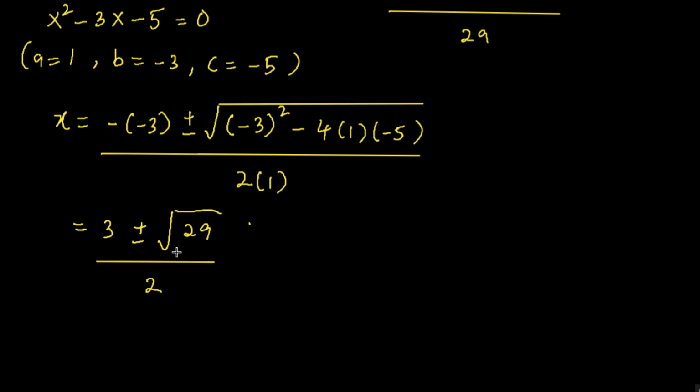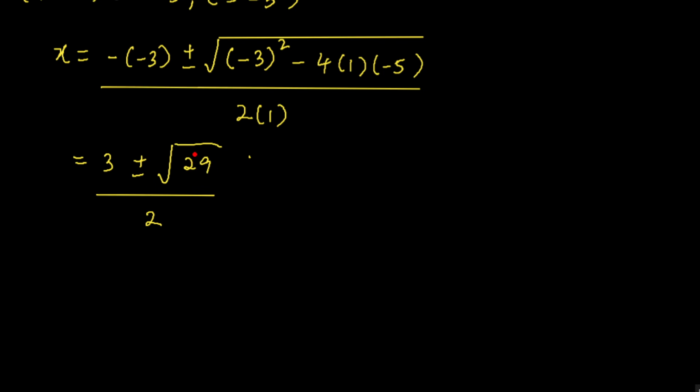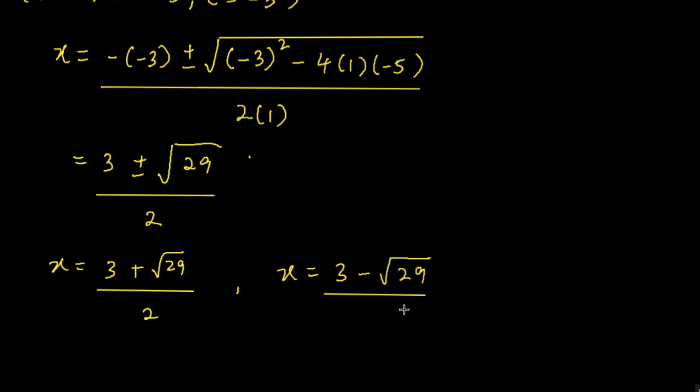After you simplify, you get the value under the root. Then we split it into 2: one is plus the square root of 29, the other is minus the square root of 29. So x equals 3 plus the square root of 29, over 2. The other one will be x equals 3 minus the square root of 29, over 2.